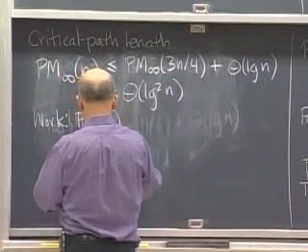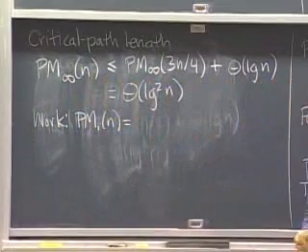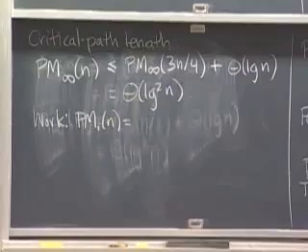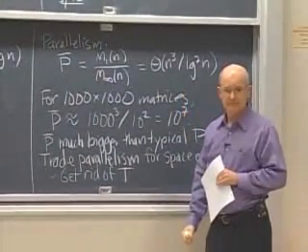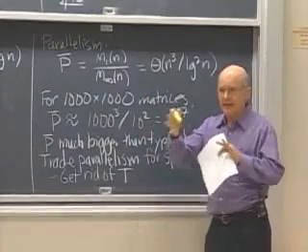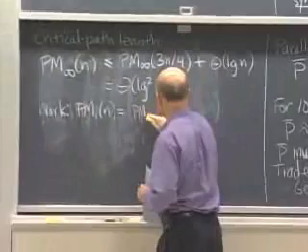Okay, so the work is Pm sub 1 of n is equal to, okay, so we don't know what the split is. So let's call it alpha. Okay, so alpha n in one side.